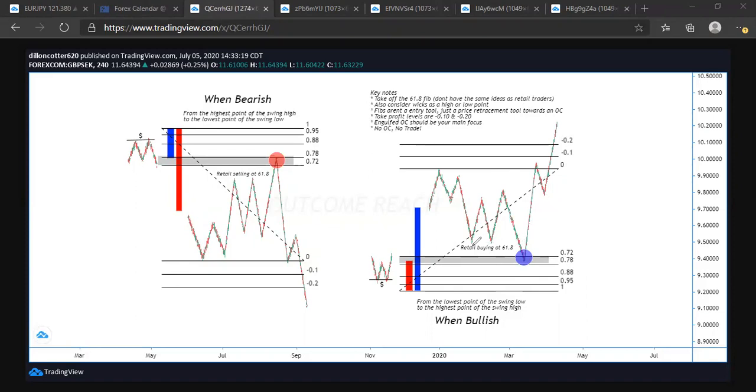So why would we buy with 95% of other traders when we can simply have the patience for price to get to a lower discounted area before we start buying in these areas, and vice versa.